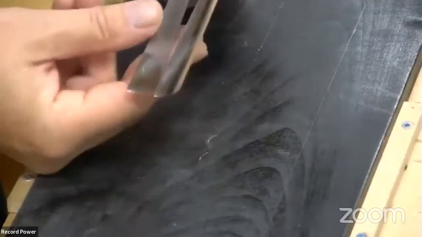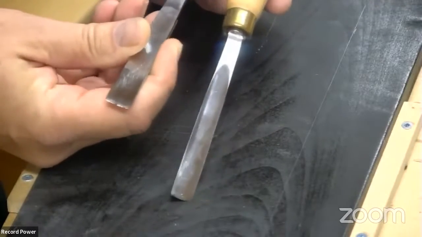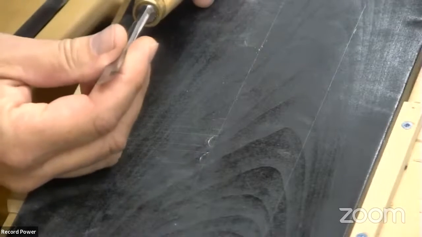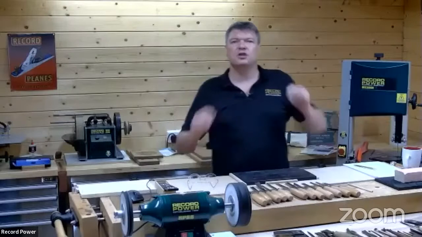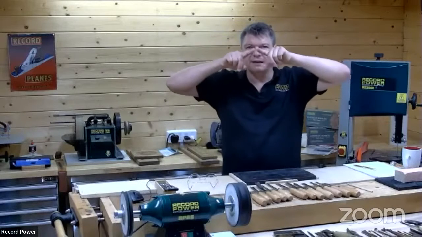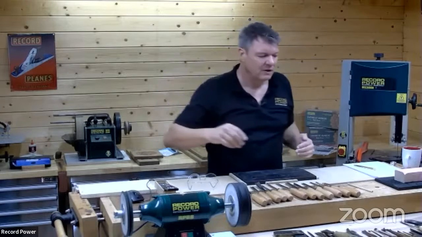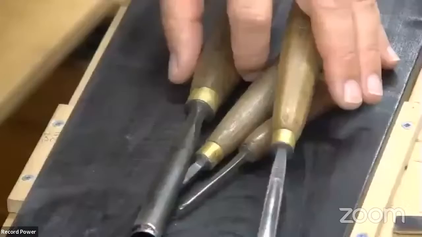Can you see this tool here is very nearly flat, but it's still got a curve on it, and this one has got a bit more of a curve to it. So they're called gouges. And then when the sides are greater than a semicircle, then that becomes something called a fluter.